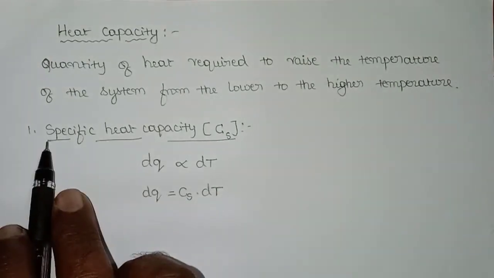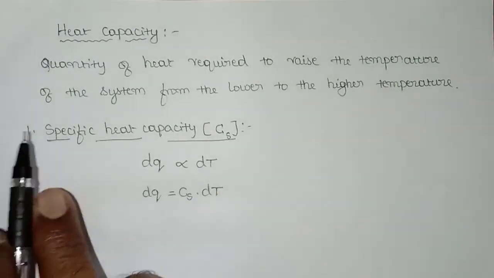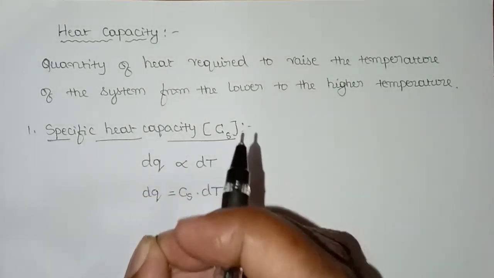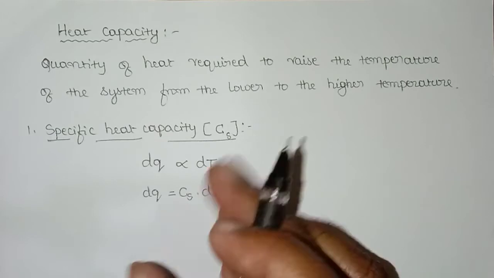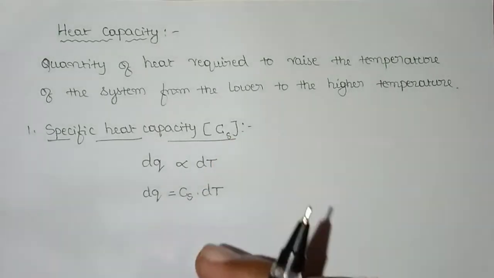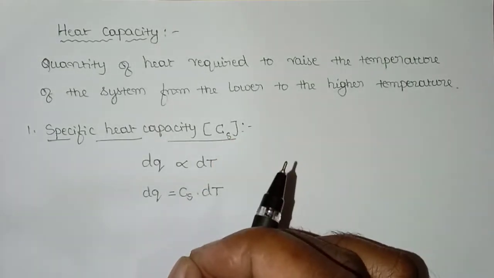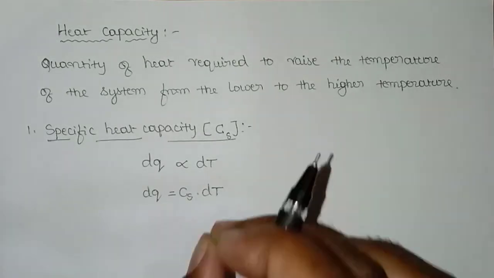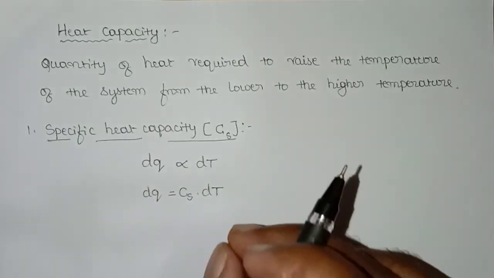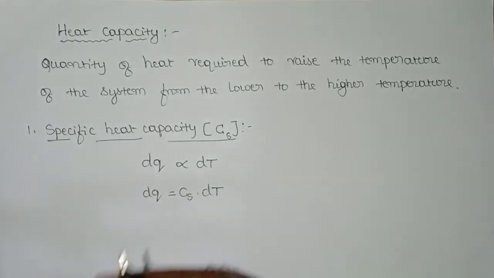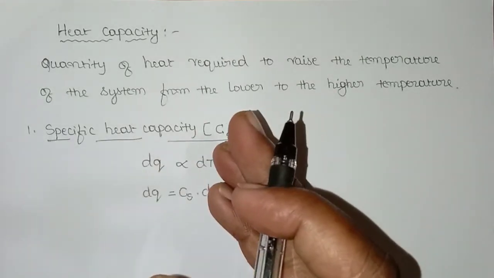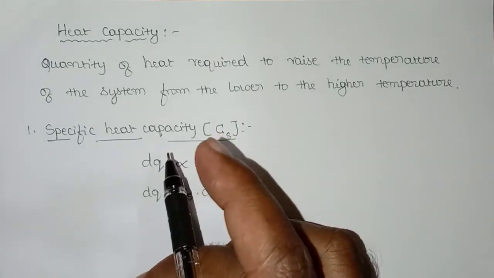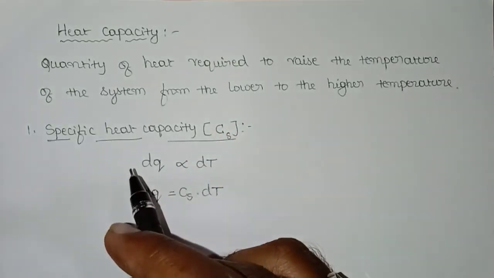But here we are talking about specific heat capacity. That means if you consider a specific amount of a substance, say you have taken 1 gram of a substance in a system, what heat is supposed to be provided to the system in order to raise the temperature by exactly 1 degree Celsius, or you can mention it in terms of the Kelvin scale also.